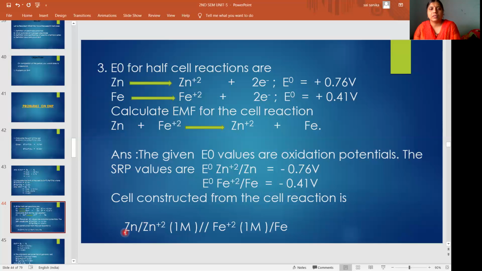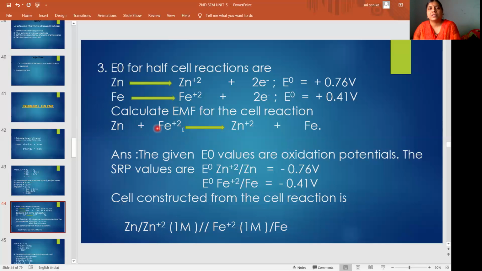So how can you construct the cell? Zn | Zn2+ 1M || Fe2+ 1M | Fe. Iron is the cathode and zinc is the anode. Here there is no need of constructing it also. By this reaction you can identify which is the anode and which is the cathode.